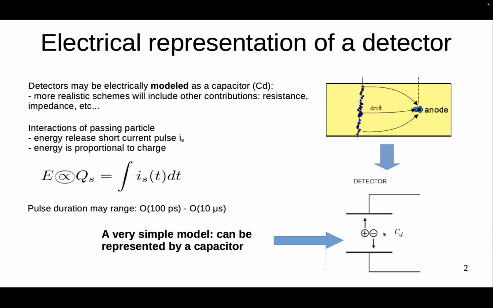One of the very important characteristics of any kind of detector is the capacitance that they have. That will affect how we process the signal from the detectors and how we characterize and analyze the information from any kind of detector.